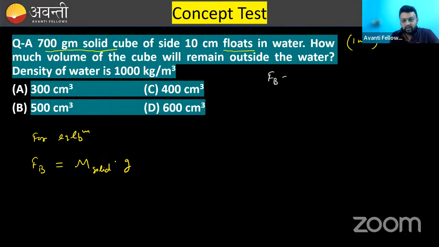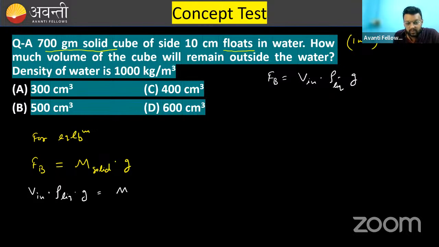Buoyant force is volume inside into rho of liquid into g. So I am writing it here: volume inside into rho of liquid into g is equal to mass of solid into g. You can see g will get cancelled.